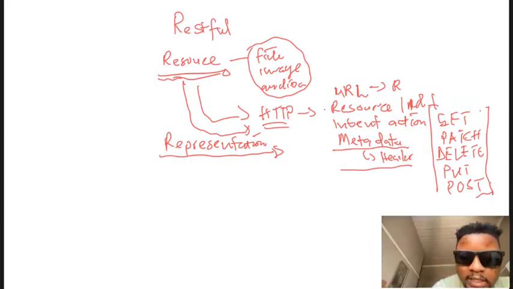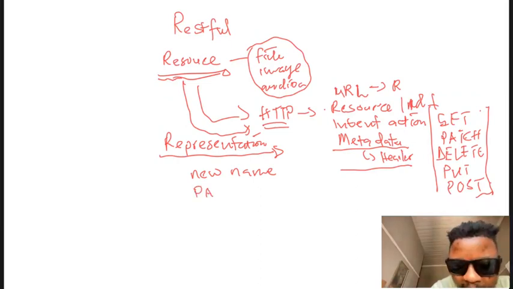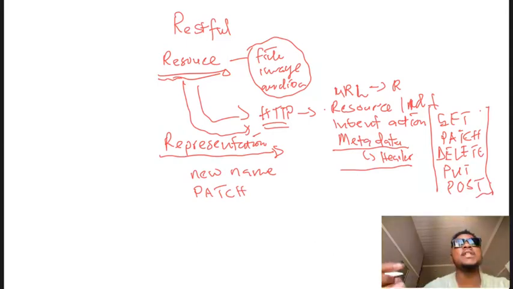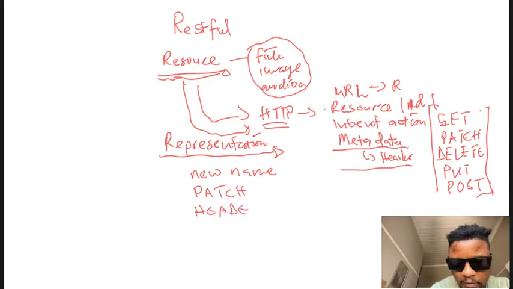You put the new name to your profile, and you put the method that can be used on the server, which is PATCH, right, to update your name. It knows the correct method to call. You put headers.